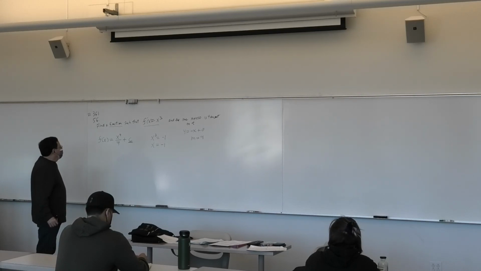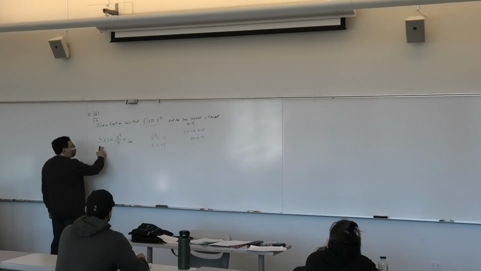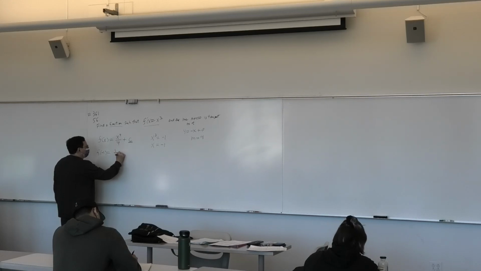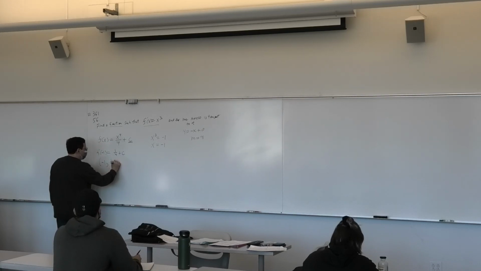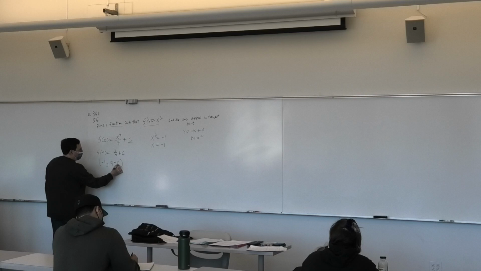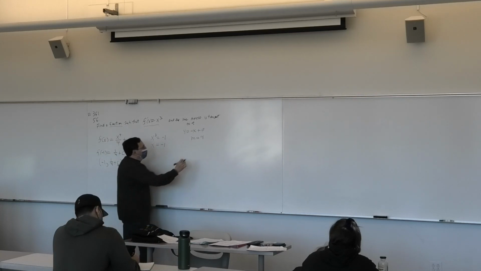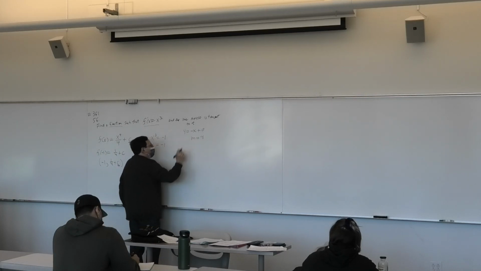So let's see how that works. Here we have minus 1 to the fourth over 4 plus c. So that's a point on the function, 1/4 plus c. And we want to look here.